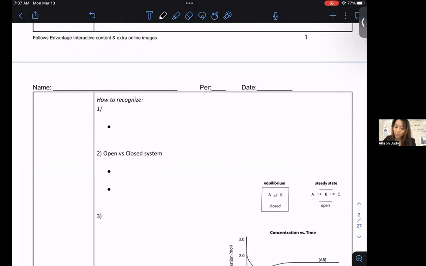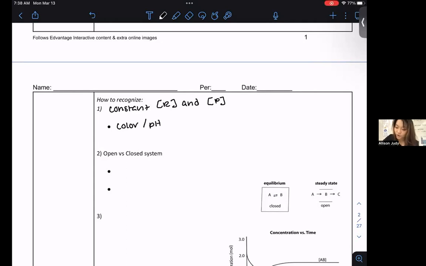So there are more ways to recognize equilibrium. Of course, the number one way is what I mentioned earlier, constant reactant and product concentration. But we could also measure it through other properties that are indicative of concentration. You could look at the color, especially if the color has to do with pH.